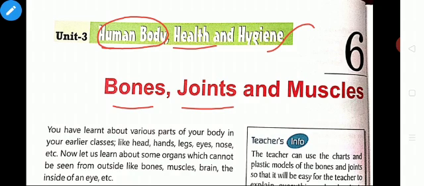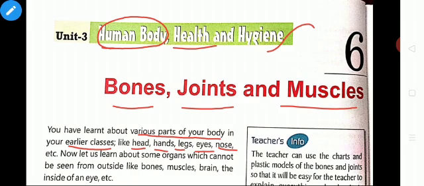Bones, joints and muscles. We are going to see about the bones, joints and muscles in a human body. Yes, you have studied about various parts of our body in your earlier classes, isn't it? Like head, hands, legs, eyes, nose, etc. So these are all some of the organs which can be seen from outside, isn't it?